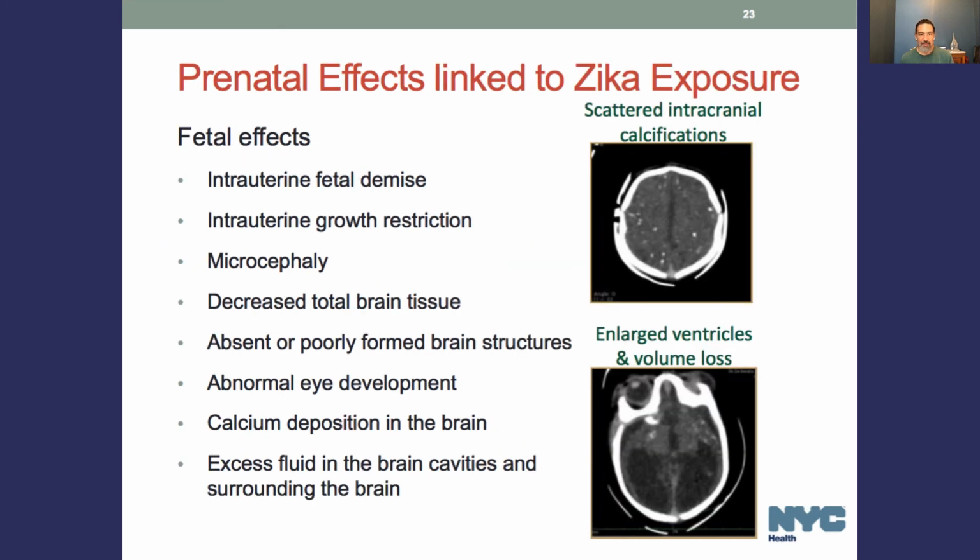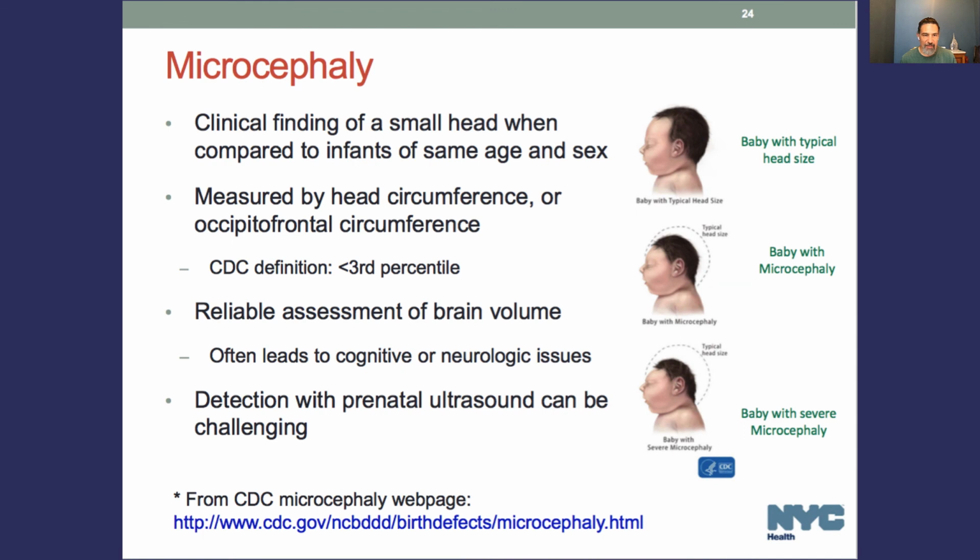In terms of the perinatal effects, these can be pretty devastating. Intrauterine fetal demise, intrauterine growth restriction, small head for age, microcephaly, and other very serious conditions for the fetus and infant. Microcephaly is the clinical finding of a small head when compared to infants of the same age.